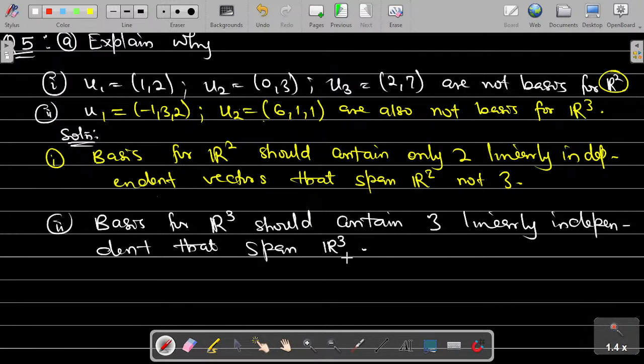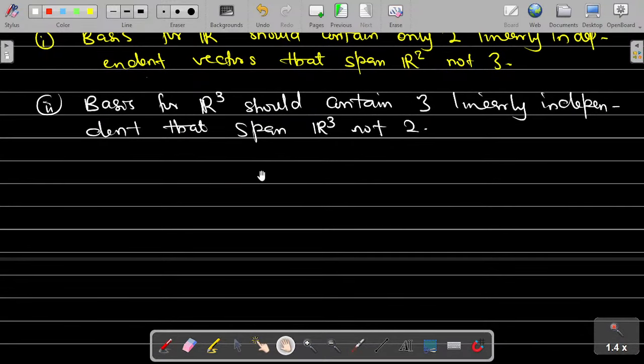And you can also say not 2. So that's the idea for the basis of a particular vector space. And that's why they took time to provide the vector space for us, so that you will know already what the dimension is. And that is that.